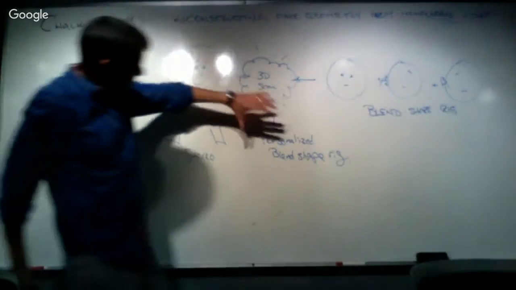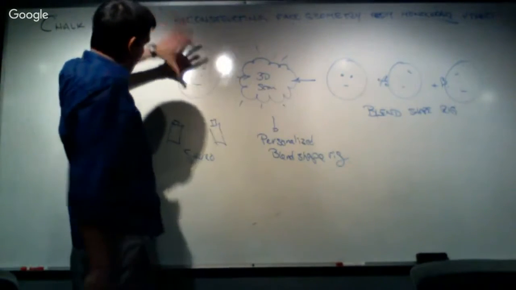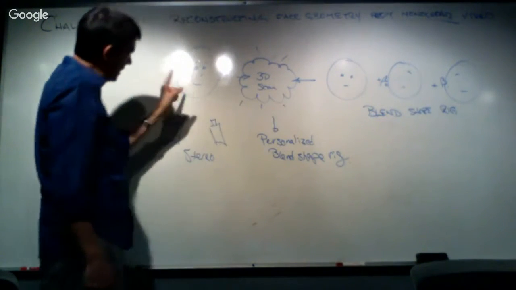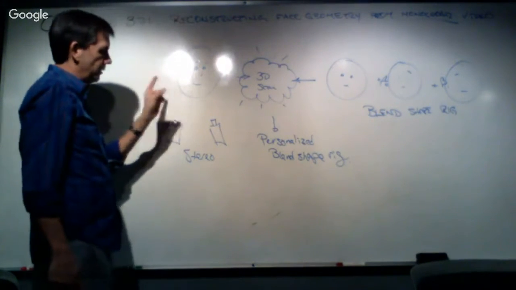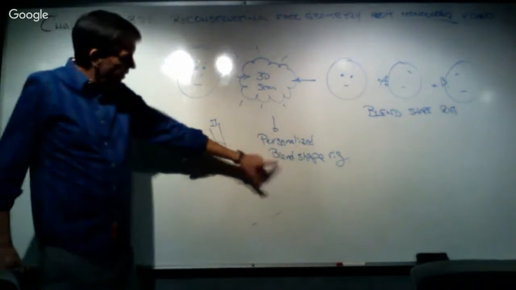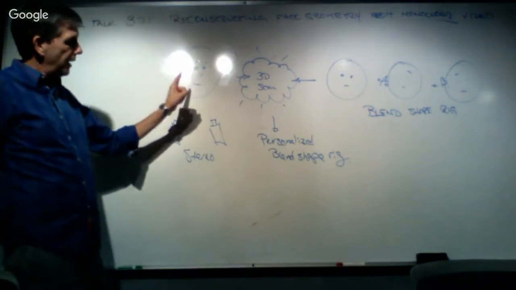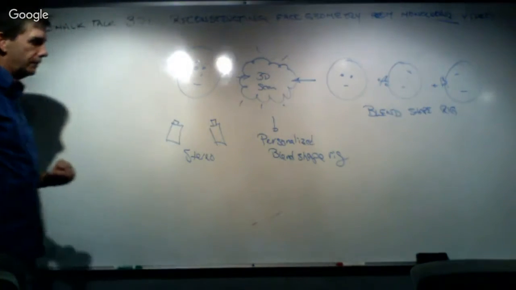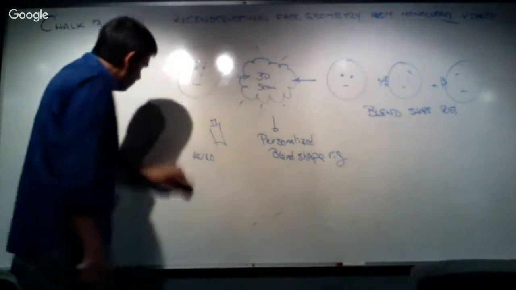They say, okay, we've got this, and we've got a single monocular camera looking at our actor here. How do we make this thing move and look like the person we're actually recording? I really want to stress this.